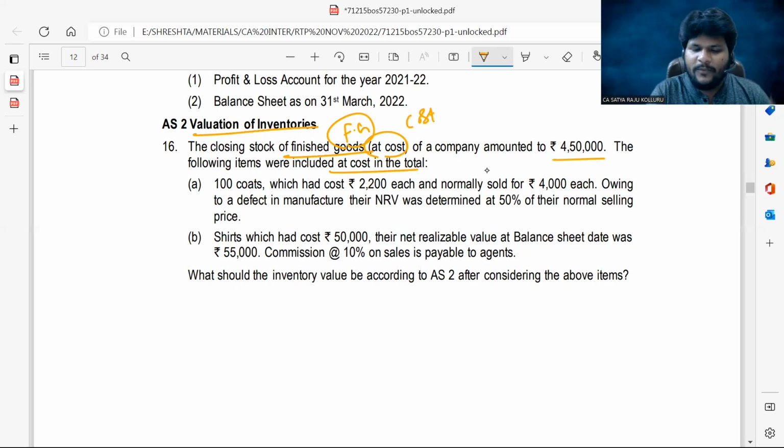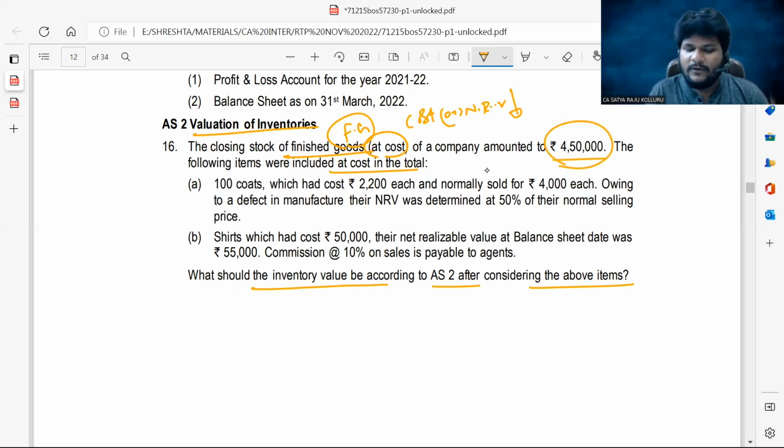The measurement principle of FG is cost or NRV, whichever is lower. Now, what is the ultimate problem all about? What should the inventory value be according to AS 2 after considering the above items? It was clearly given that the closing stock of finished goods was 4,50,000.